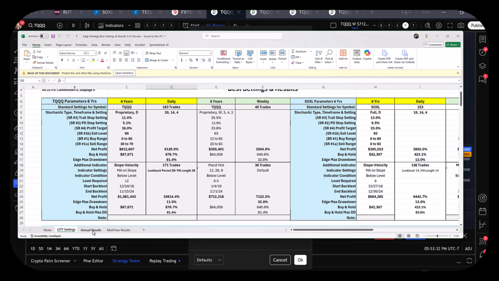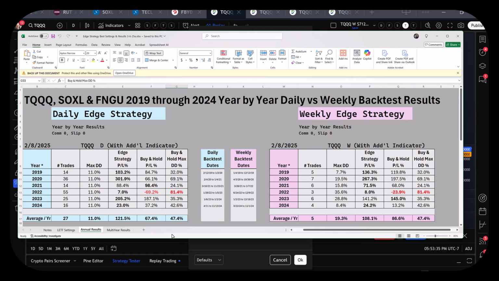I've created a spreadsheet here showing a comparison of the TQQQ daily version of the strategy to the TQQQ weekly version of the strategy. And I did this on a year-by-year basis, so it's as if you had started the 2019 year in January and said, I would like to start trading this strategy now.